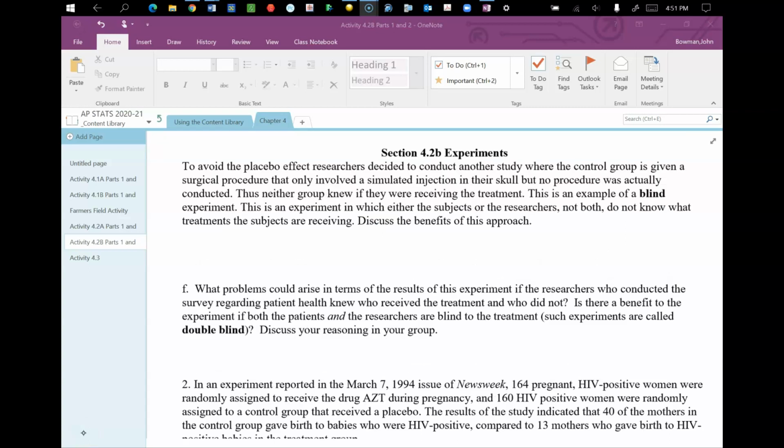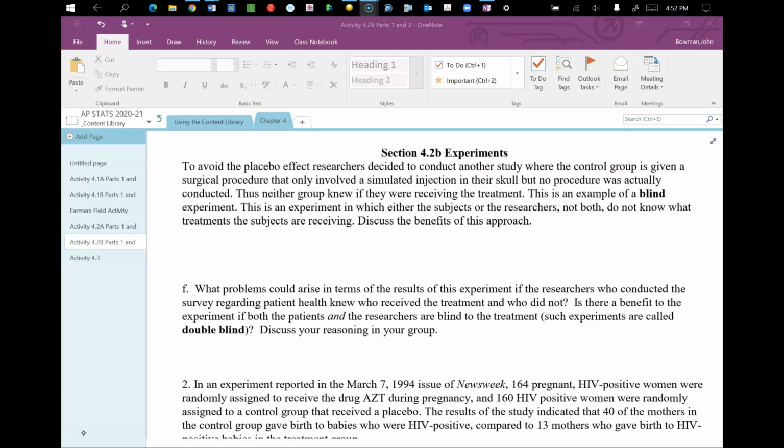So to avoid the placebo effect, researchers decided to conduct another study where the control group was given a surgical procedure that was a simulated injection in their skull, but no procedure was actually conducted. So neither the control group nor the treatment group knew whether or not they were actually getting the real treatment. This is what we call a blind experiment.